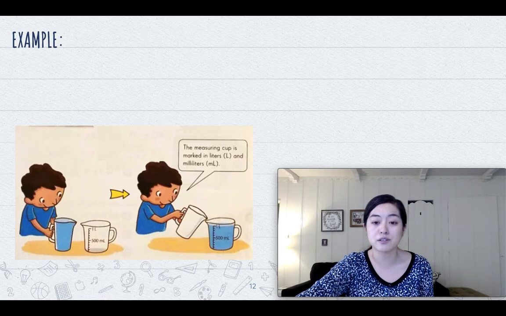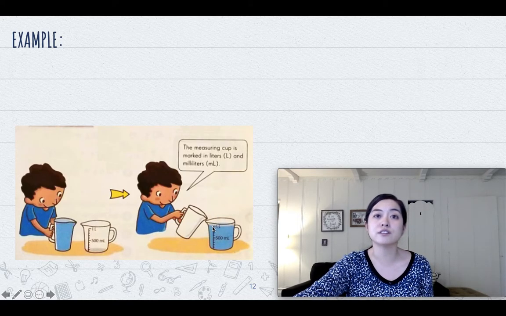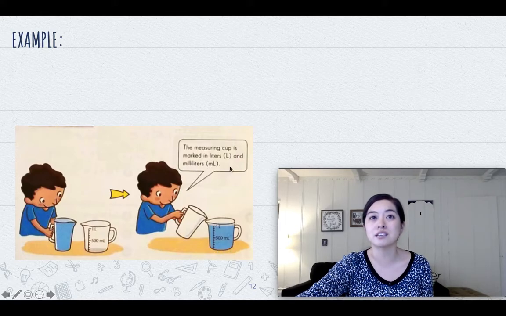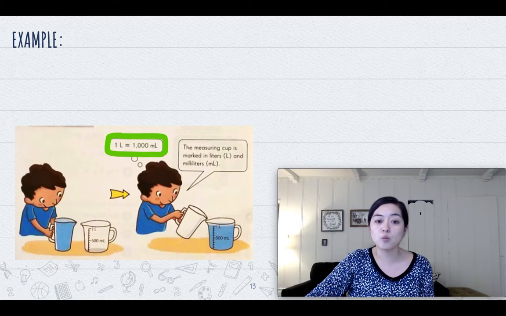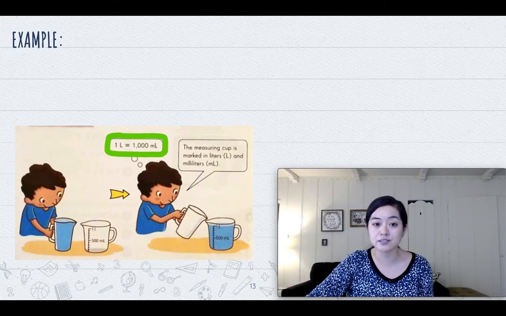I want to measure the exact amount. So he's pouring it inside this measuring cup, and when he does so, it actually fills all the way to here, the 1L mark. Okay, L means liters, and the ml means milliliters. And 1 liter is equal to 1000 milliliters.